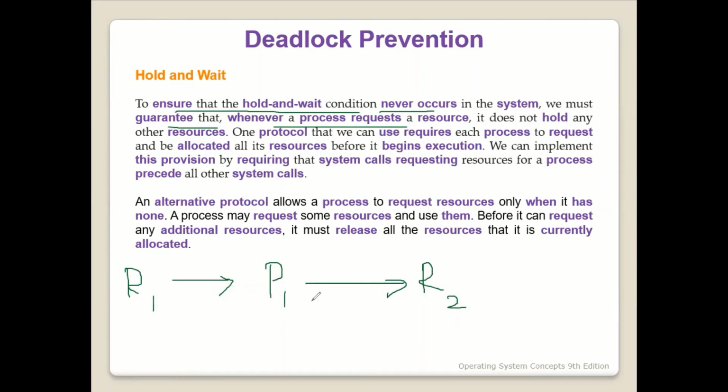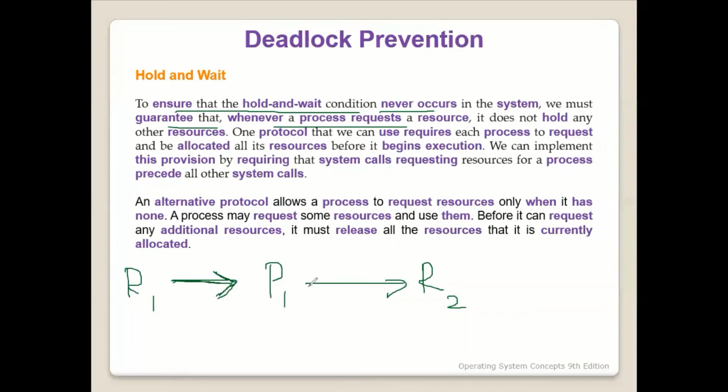You all know the meaning. If the directed edge comes from a process to the resource, it means it is requesting. If the directed edge comes from a resource to the process, that means it is holding. You know, this arrow means P1 is holding the resource R1. Or, in other words, R1 is allocated to P1.